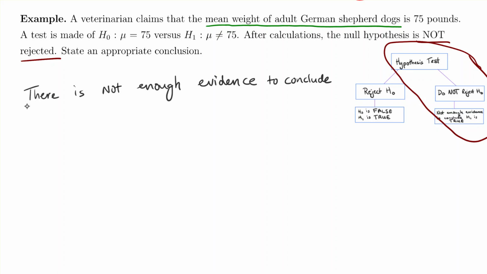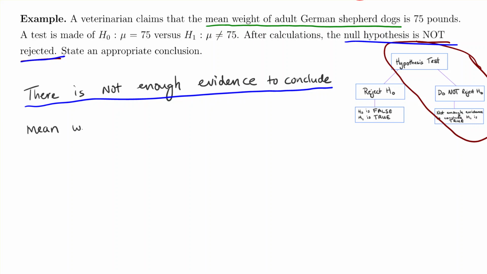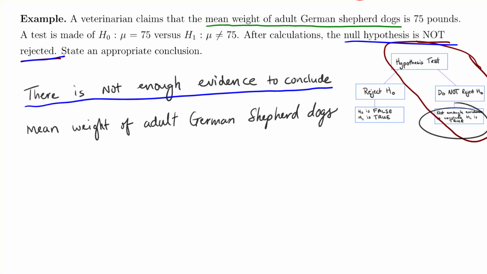this portion of the phrase we should always write down whenever we end up not rejecting the null hypothesis. And then we make it specific for the particular problem. Not enough evidence to conclude that the mean weight of adult German Shepherd dogs, and then it says not enough to conclude H1.